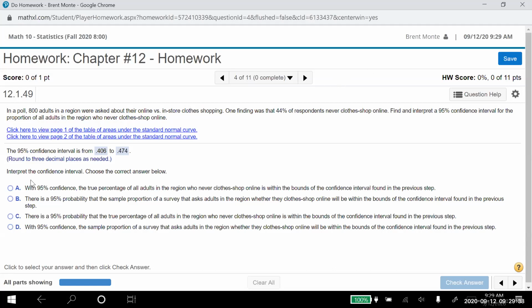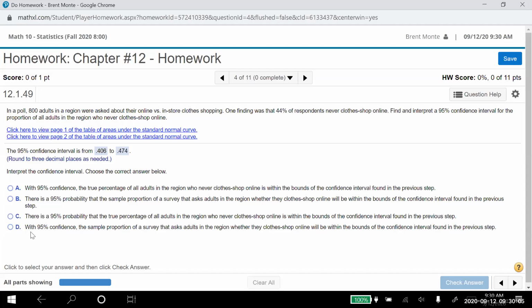And so with 95% confidence, that's a good start. The true percentage of all adults in the region who never close shop online is within the bounds of the confidence interval found in the previous step. That's what it is. I don't like that we put this as decimals, and then here they talk about it as a percentage, but I think that should just say proportion.